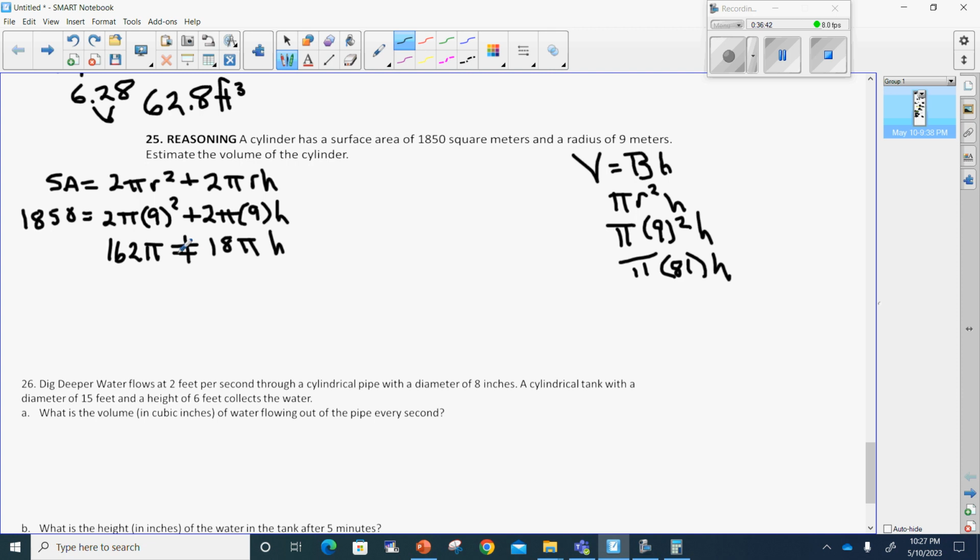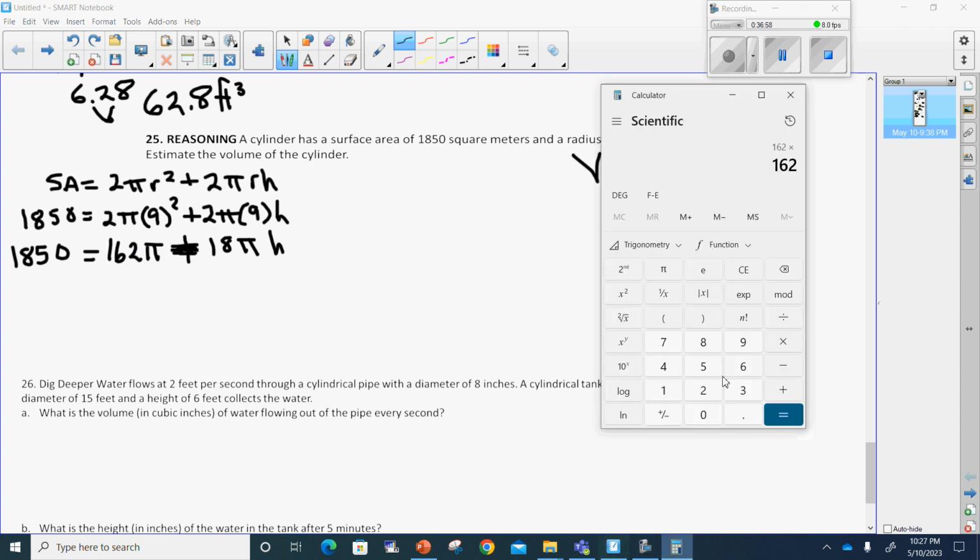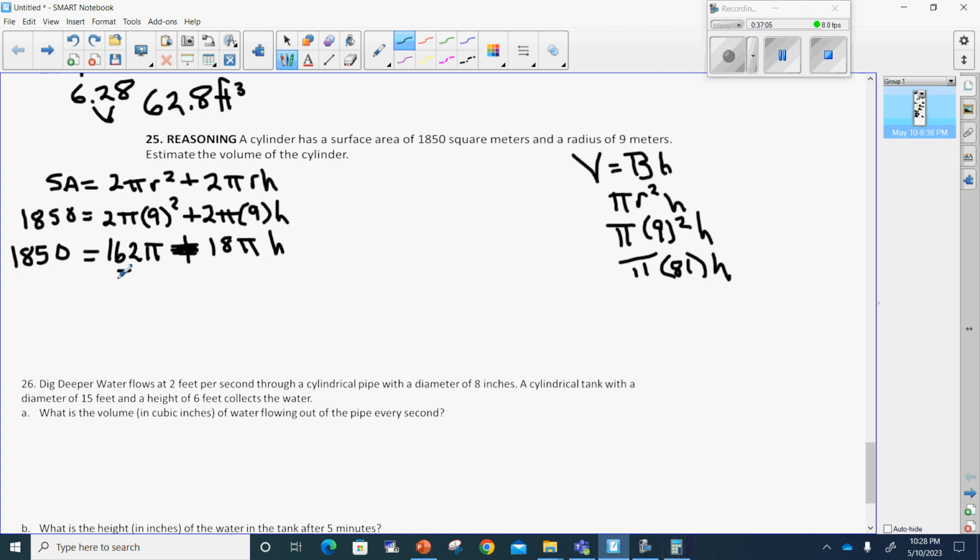All right, this is actually a plus. I can't combine these. These are not like terms, because this has an h at the end. All right, so I'm going to put this 1850 here. And I'm going to solve this to make it a number. I got 162. I'm going to multiply it to 3.14. That's equal to 508.68.